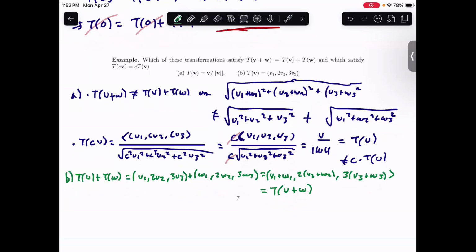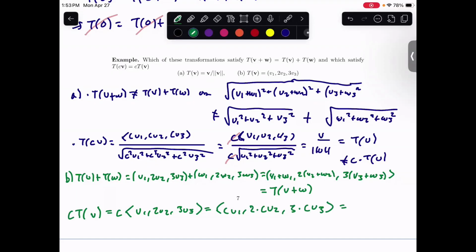And then similarly, if I were to do C times T of V, this would be C times V1, 2V2, 3V3, which you can then distribute. So this is C, the vector given by C of V1, and then 2 times CV2, and then 3 times CV3.